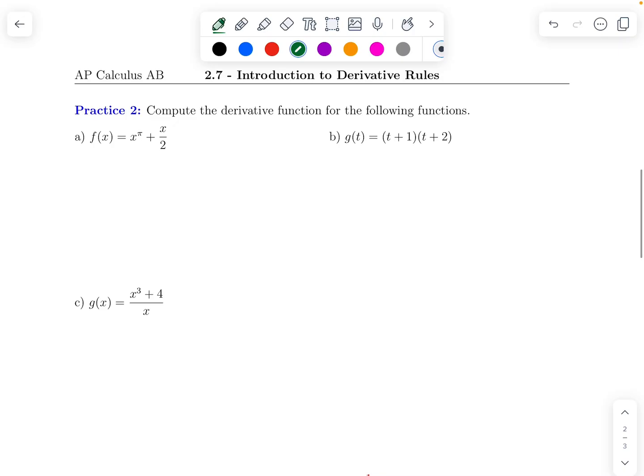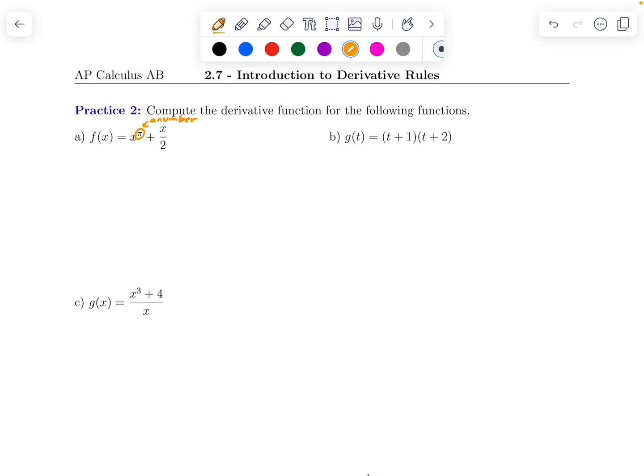So let's go ahead and look at practice 2. So now these examples are getting a little trickier, right? This one has like an exponent of pi, which looks scary. But we want to remember that this is really just a number. So I really just have x to a power or x to a number.